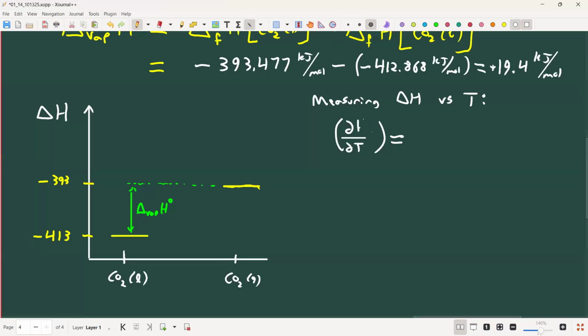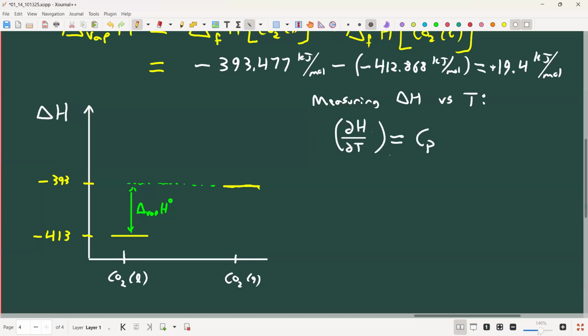We'll use that in a second. All right, we'll do everything at constant pressure today. What can I do with this? Well, I can multiply both sides by dT.